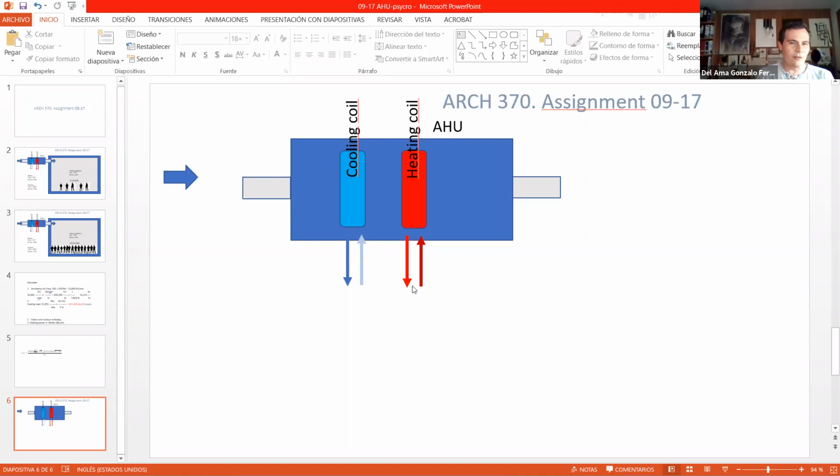But we need something to heat up this coil, or the water going through that coil. And what can it be? It can be a gas boiler, it can be an oil boiler, a pellets boiler, whatever, but we need a boiler here.